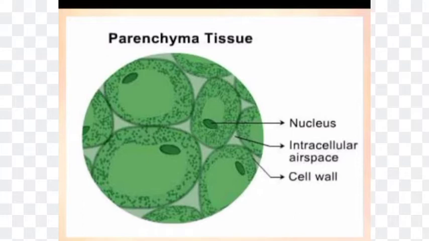Here you can clearly see the large intercellular air spaces between the cells, and the cell wall is very thin. They are loosely packed. This tissue provides support to plants and also stores food.